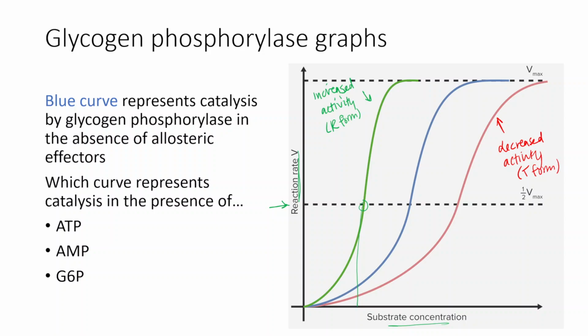And for similar reasons, if you look at that 1/2 Vmax reaction rate, you need a lot more substrate compared to the blue curve to get to that same reaction rate. So it's a less active enzyme. You need to force more substrate into it before it gets up to this arbitrary middle reaction rate. So now that we know which curve is which, which allosteric effector is for which curve?